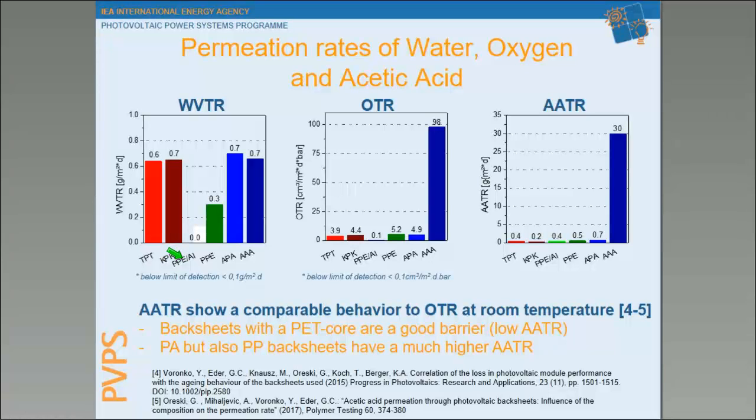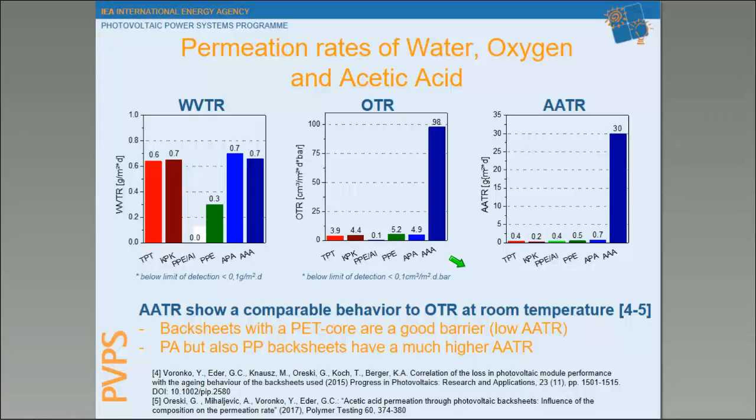That means no vapors can permeate through this backsheet. This is then also the same for the oxygen transfer rates, where we see most of the standard backsheet types that have some sort of polyester layer. They show more or less the same oxygen transport rates.